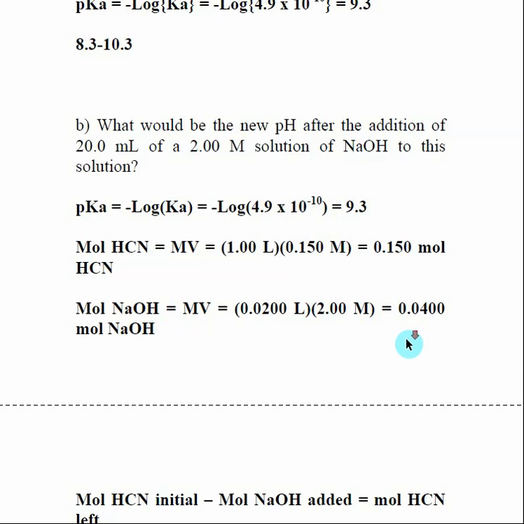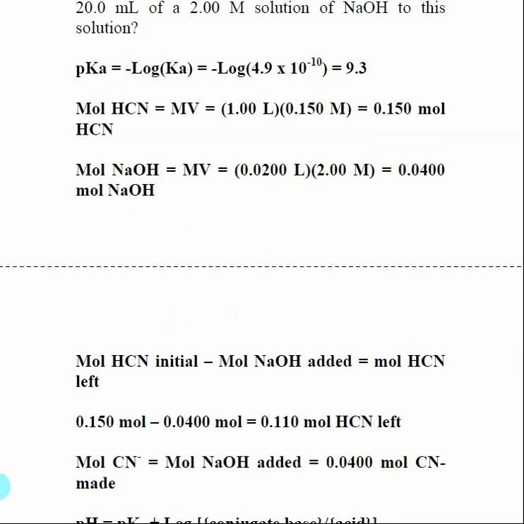So the next thing I want to do is compare these two and find out where I'm at in my titration curve. I have more moles of my weak acid than I do of my strong base. So that means I'm before the equivalence point. With that now, what I want to do is find out how many moles of my weak acid I have left. I know how many moles of weak acid I started with. That's right here.